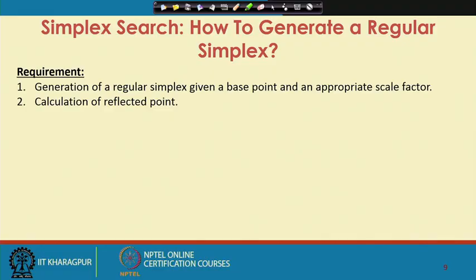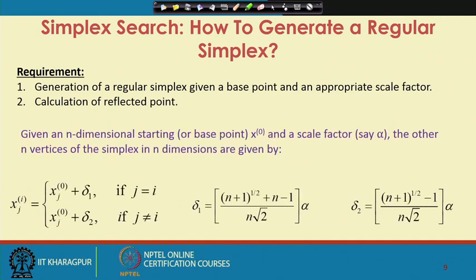We have seen already that the worst point can be replaced by extending the worst point through the centroid of the simplex and then taking a point on that line, so that the geometry is preserved. So, let us see how do I do these two things. So, first, how do I generate the regular simplex?